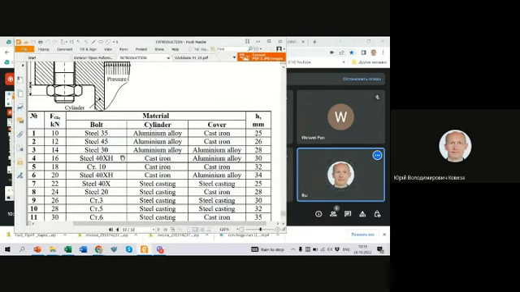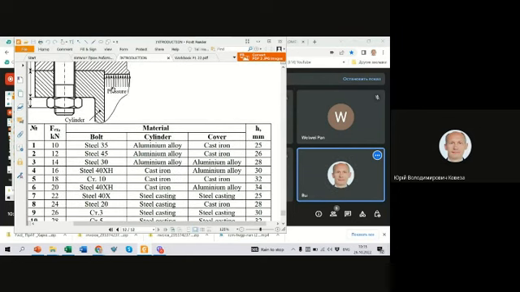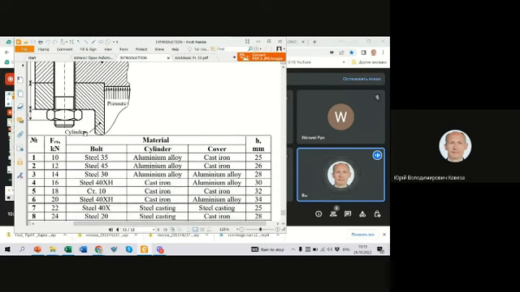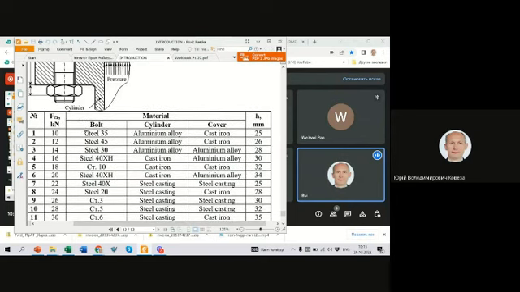So external force, kilonewton. It means that your force is 10,000, 12,000, 14,000, and so on. Then H, it is a thickness of the cover and cylinder. The same in our calculation, we make it easier.